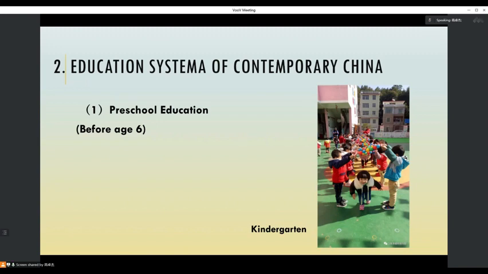The Chinese government adopted some policies to protect the rights of children recently.